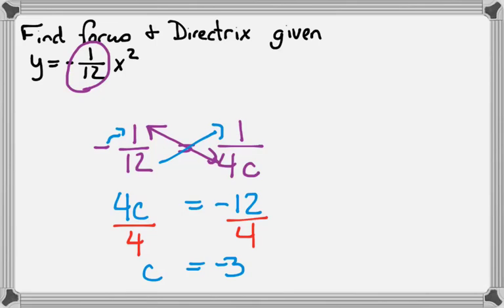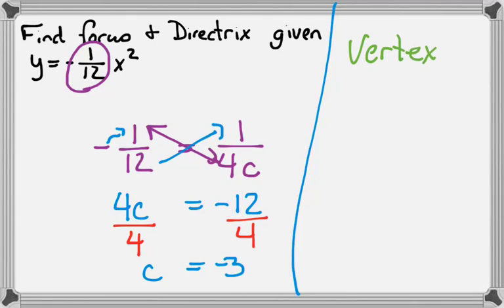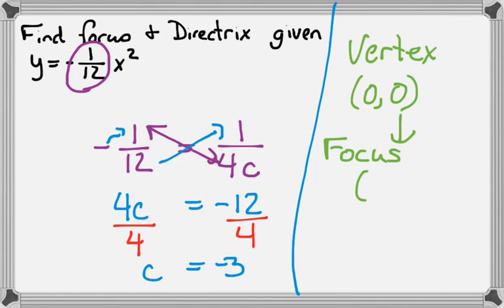Since there is nothing added or subtracted in this problem, we know our vertex is at 0, 0. Based upon the c being negative, I know I have to go down to get my focus. So my focus is always 0, c, so c was negative 3.